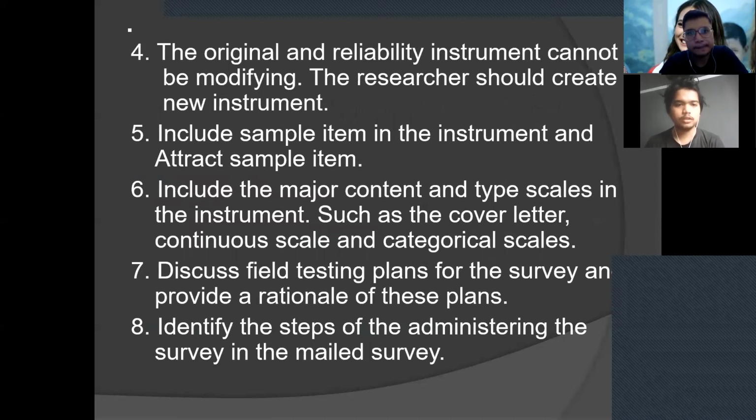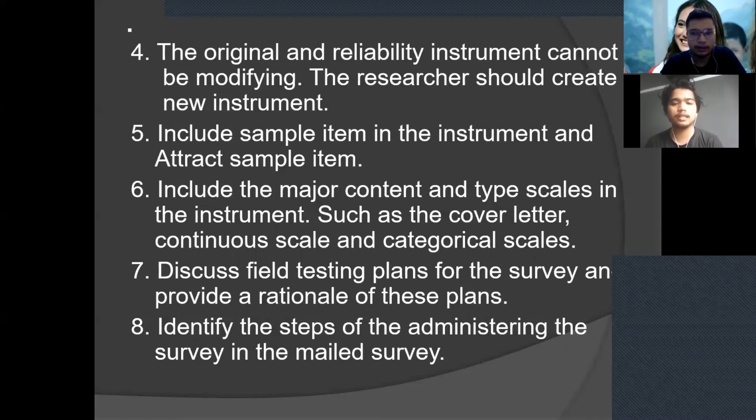If the original validity and reliability of an instrument cannot be maintained because it is modified, the researcher should create a new instrument. Include sample items in the instrument. Include the major content and type of scales in the instrument, such as the cover letter, continuous scales, and categorical scales.